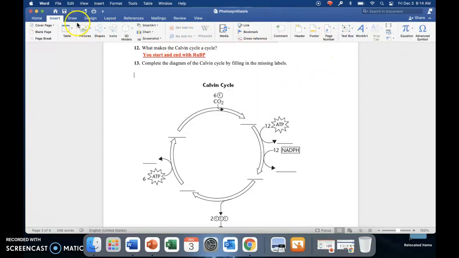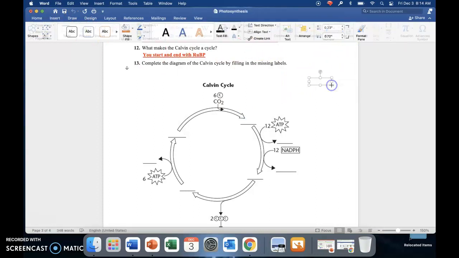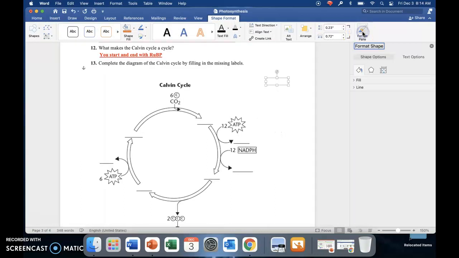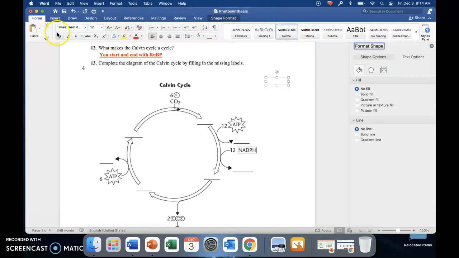I got to do a little conversion first. Now I can insert my text box. I'll put it right here for a second. Let me format it so everything is right. I don't want a line. I don't want any fill. And then I want it to be bold and red.